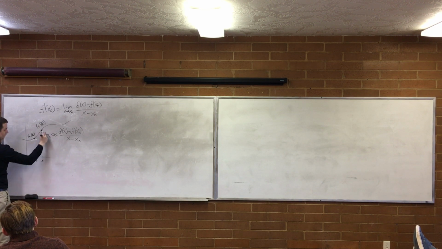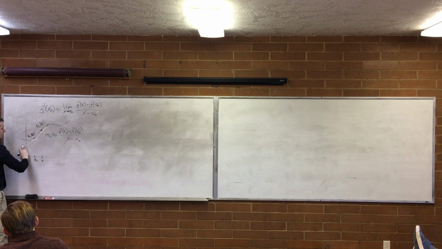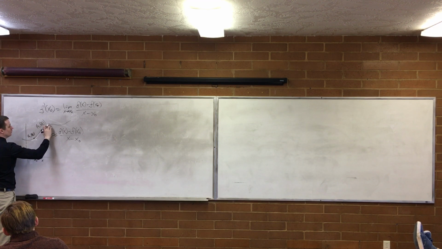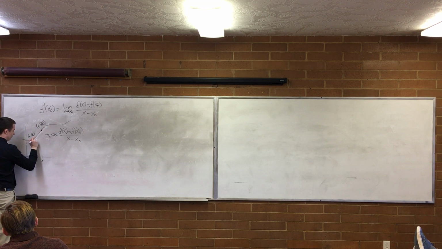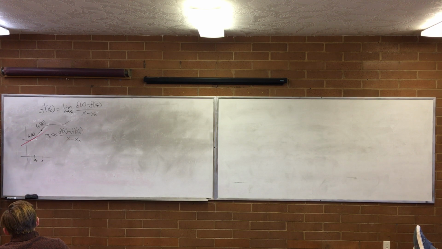My tangent line is right here. Does it have to go through both points? No, it only goes through one. I'll do my tangent line in red. There's my tangent line, roughly.